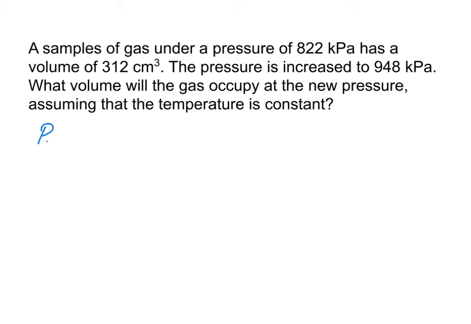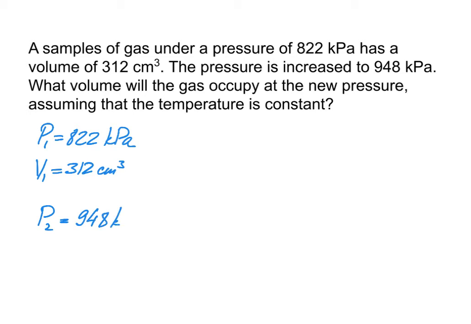A sample of gas under a pressure of 822 kilopascals has a volume of 312 centimeters cubed. The pressure is increased to 948 kilopascals. What volume will the gas occupy at the new pressure, assuming the temperature is constant? Here, our independent variable is pressure.